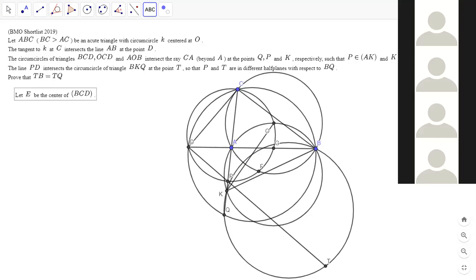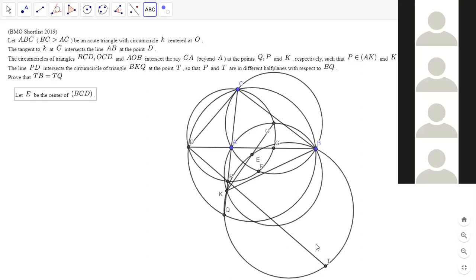What I'm thinking is, if we show that QKEB is cyclic, then we'll know that this is the circle through Q, E and B. And so if this circle intersects at T, then those are tangents.